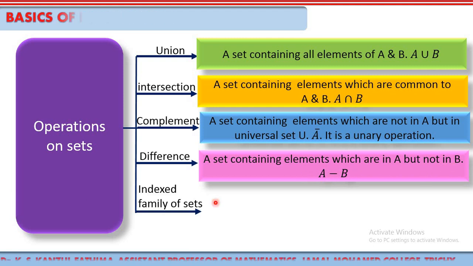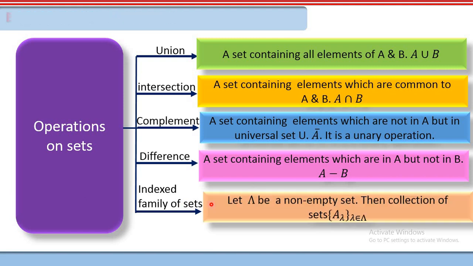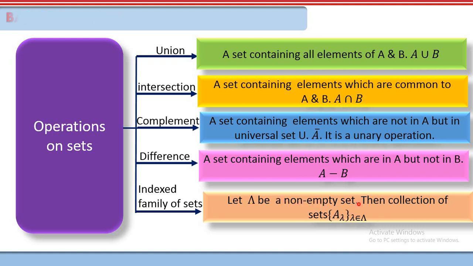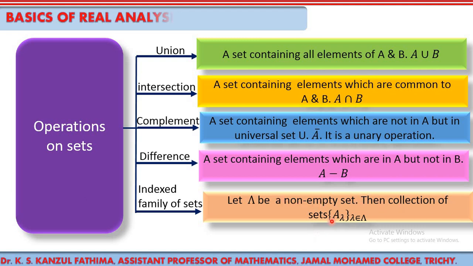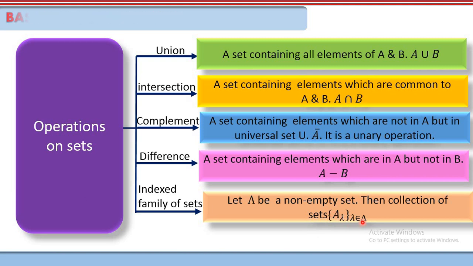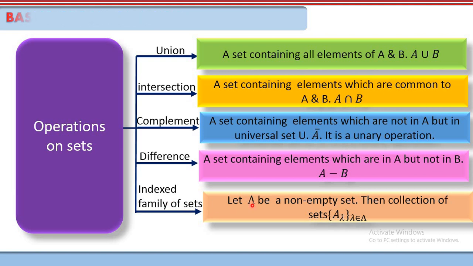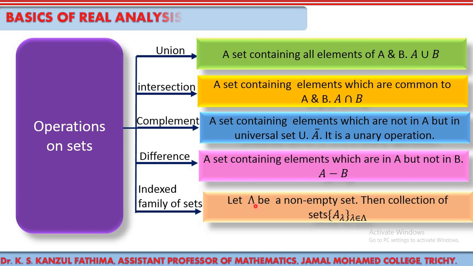Next one is indexed family of sets. Let lambda be a non-empty set. Non-empty means there exists at least one element. Then the collection of sets A lambda such that lambda belongs to delta is said to be an indexed family of sets, and the set delta is said to be the indexed set.